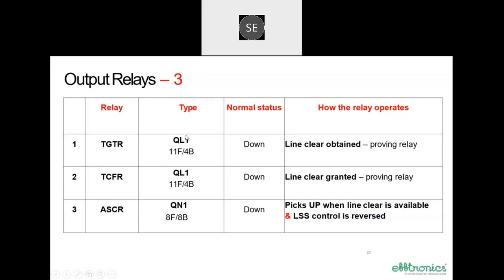They are latching relays QL1 of 11F4B and 11F4B. These are used to hold on to the same state even when the power supply is removed. So these two are the only different relays, QL1 and 11F4B type. And of course, ASCR, since it is an internal relay, only QN1 is used. So total 3 outputs and 6 inputs.